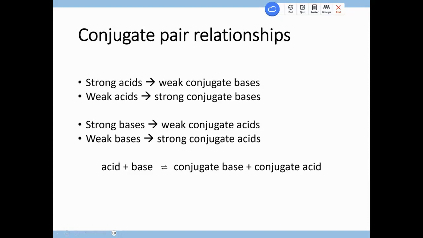Weak bases produce strong conjugate acids. We're talking about acid and base strength on a continuum. Even between weaker acids, we can have stronger and weaker acids. Even if they're not part of the strong acid list, there's a big range of how strong an acid is. So the stronger acid will produce the weaker conjugate base, and stronger bases produce weaker conjugate acids. Again, acid and base on the left side, conjugate base and conjugate acid on the right side of the equation.